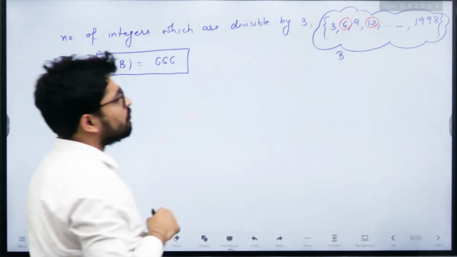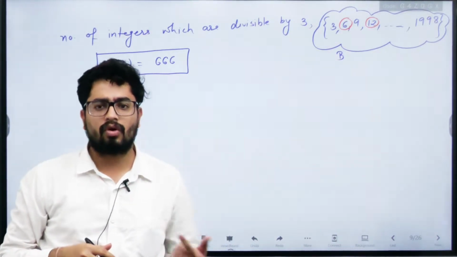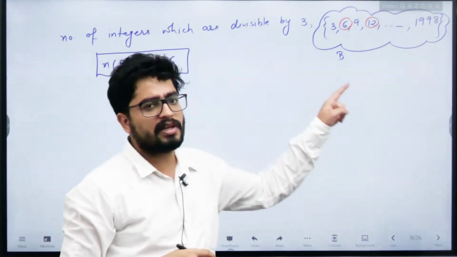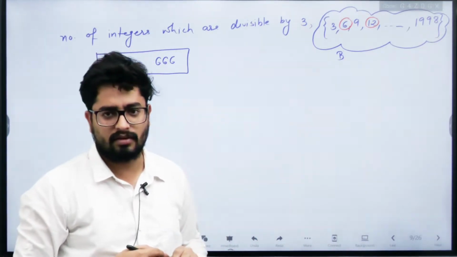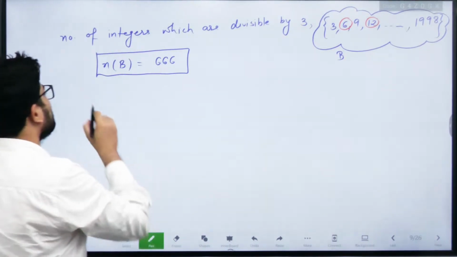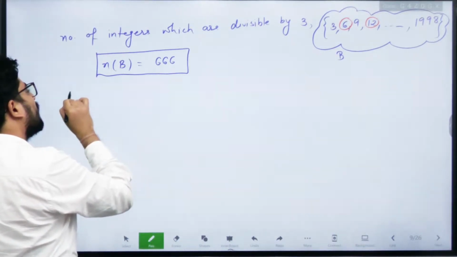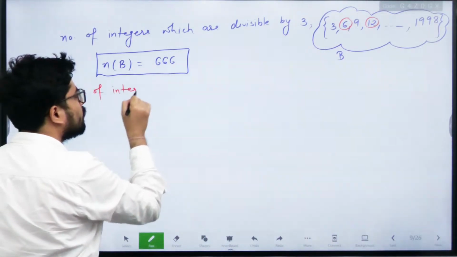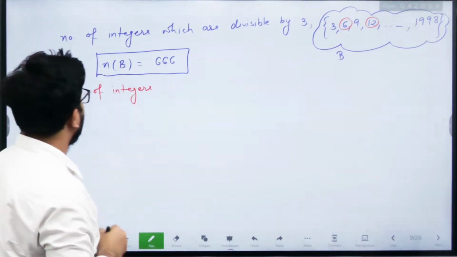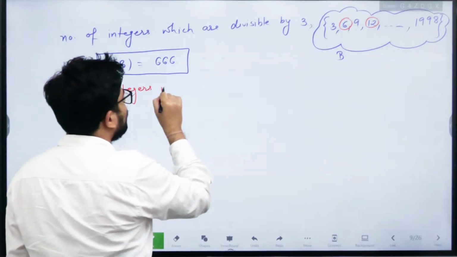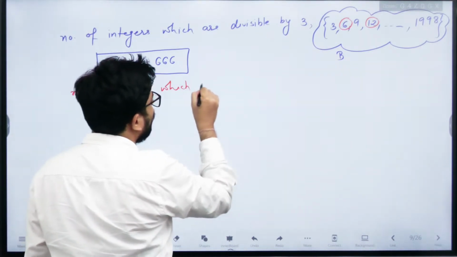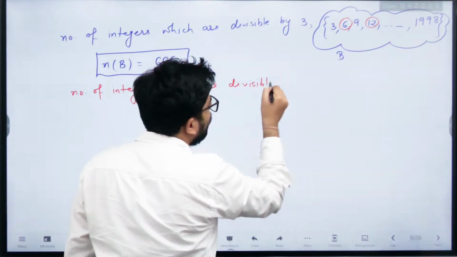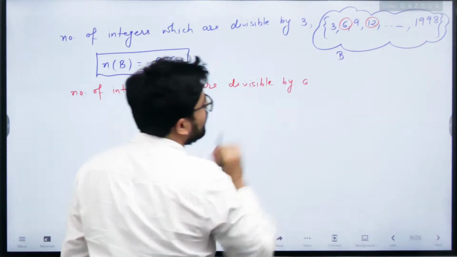So you have to remove all the multiples of 6, because you have these multiples 2 times in set A and set B. So now calculate the number of integers which are divisible by 6.